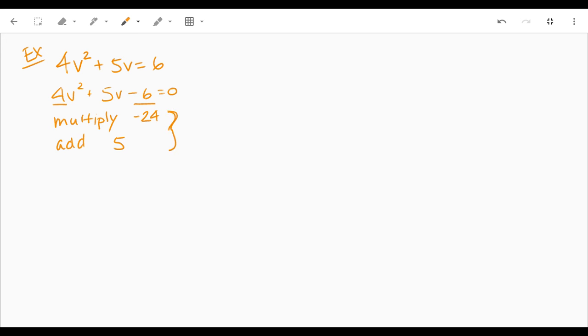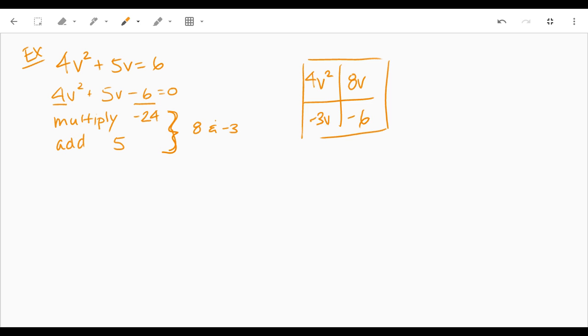This is a terrible bracket. We'd have a positive 8 and a negative 3. Okay, so in our area model, we'll have the 4v squared, 8v, negative 3v, and negative 6. So top row, I can factor out a 4v, which would leave a v here, and a 2 here, and a negative 3 here.